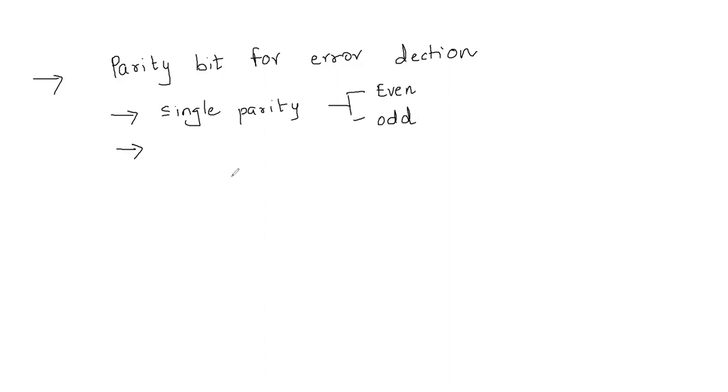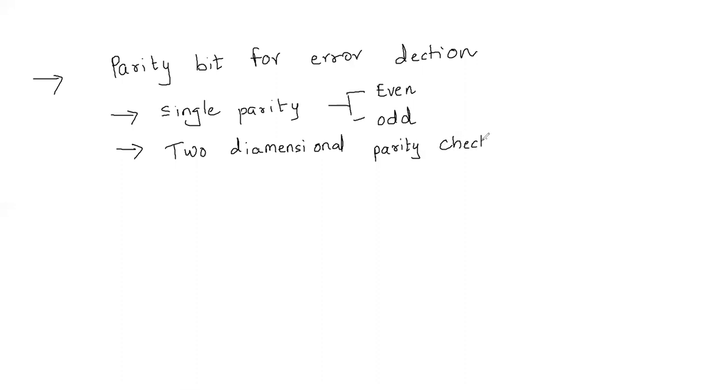Then the next type is basically multiple addition, or the two-dimensional parity check matrix, in which we can add the parity bits in the rows and columns. So that method is called the two-dimensional parity check matrix.